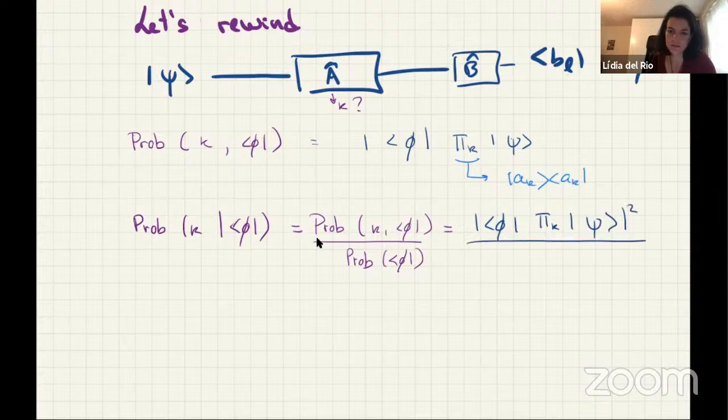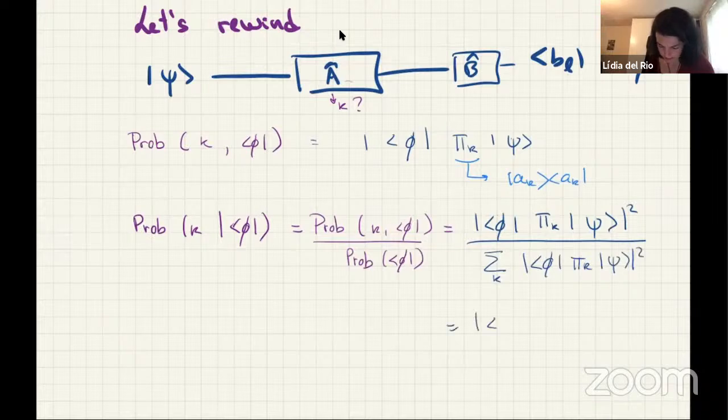And what's at the bottom? It's very similar to what we just saw before. So it's the sum over all the possible outcomes. So over all the possibilities, right? Of what could have happened there. So the sum of phi, pi k, phi square.